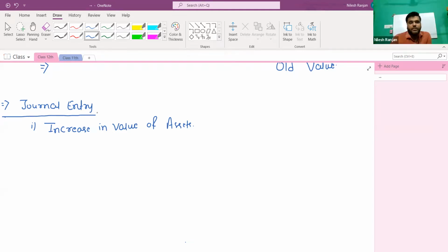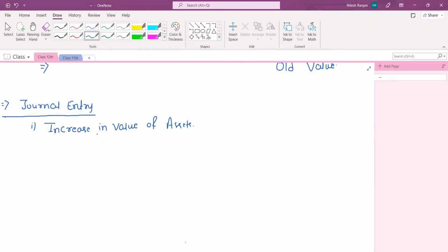Actually, if there is any increase in value of assets, it is our profit. And revaluation account is a nominal account. As you know, revaluation account is a nominal account. Okay. Sir. And what is the rule of nominal account? Rule of debit credit?